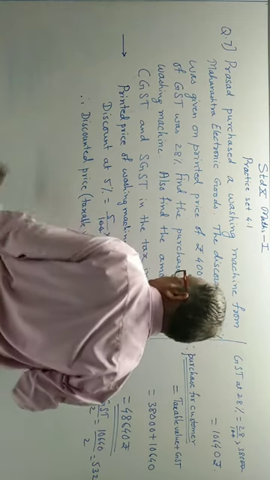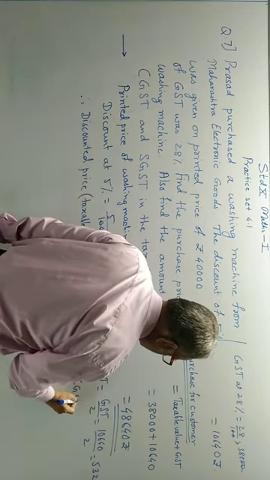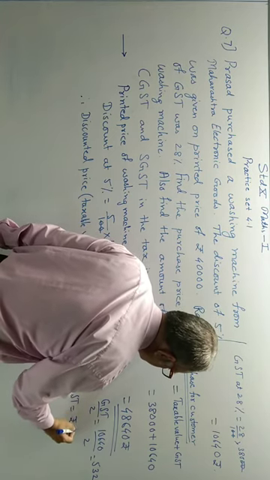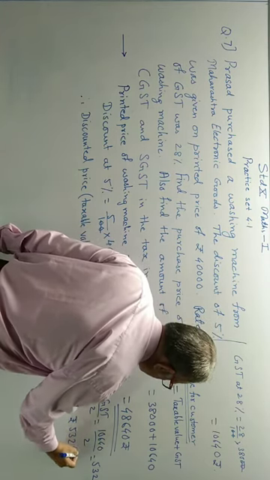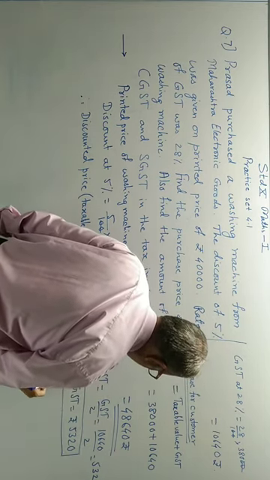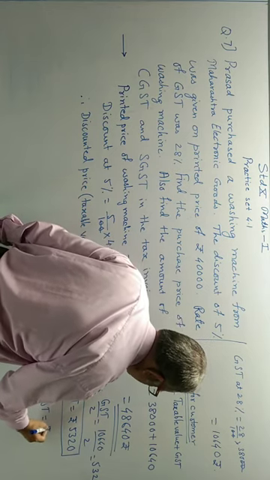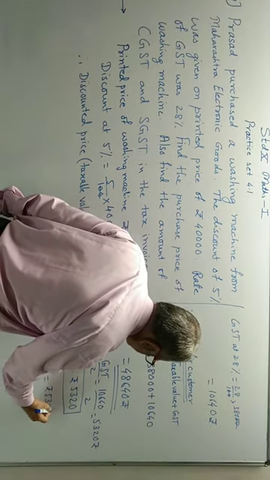Therefore, CGST is equal to rupees 5320. CGST is always the same as SGST. Therefore, SGST is also the same, rupees 5320.